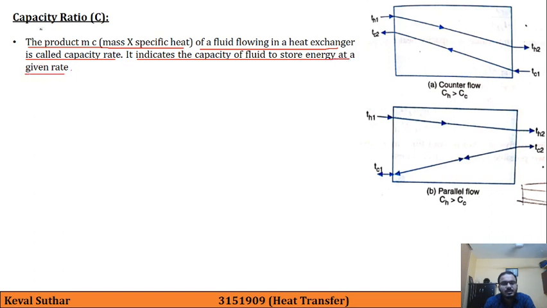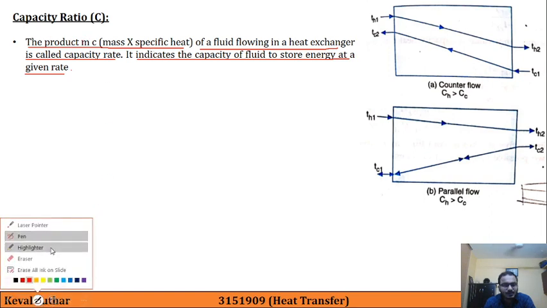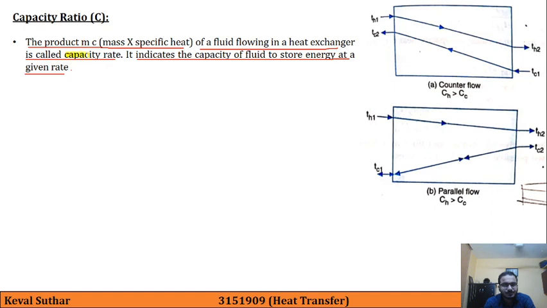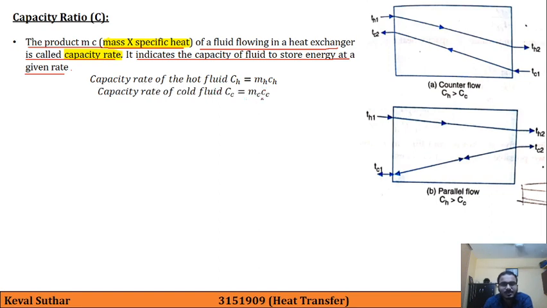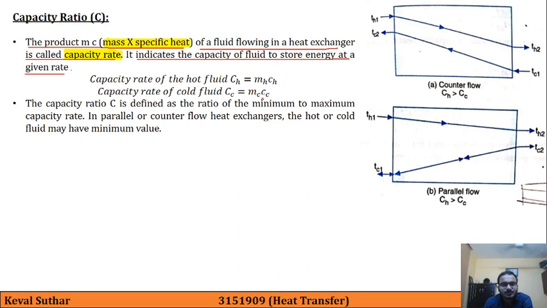So the capacity rate is the multiplication of mass and specific heat. The capacity rate for hot fluid is given by m_h into C_h, and capacity rate of cold fluid is given as m_c into C_c.